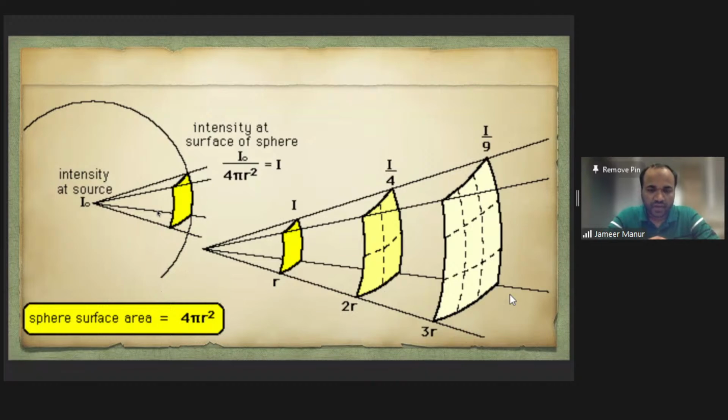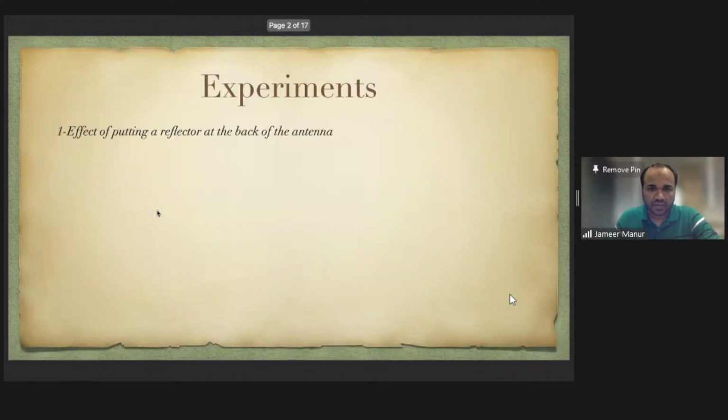There are 4 to 5 experiments which you can refer to on our Moodle platform as well as in the IUCAA repository. In TLC, we have designed a few experiments, so you can refer there. We'll see the first experiment here, which is the effect of putting a reflector at the back of the antenna.